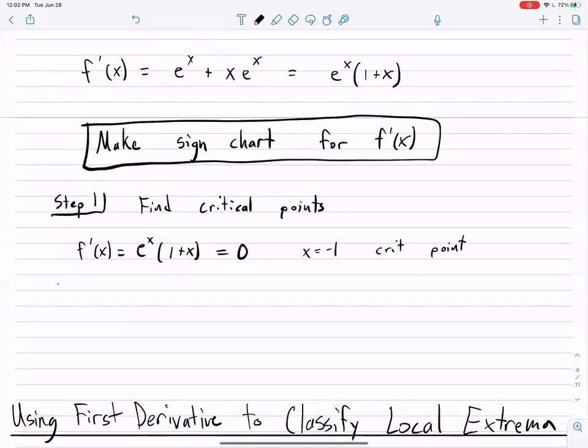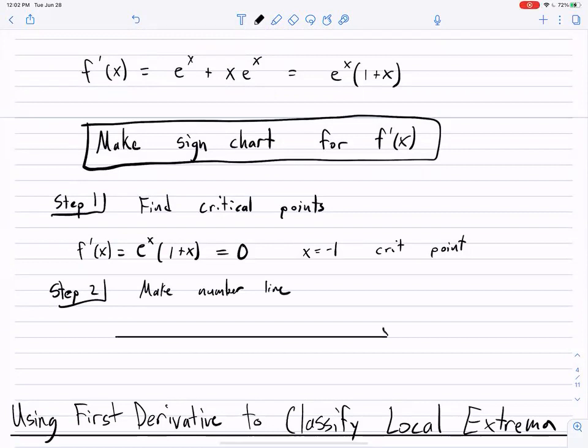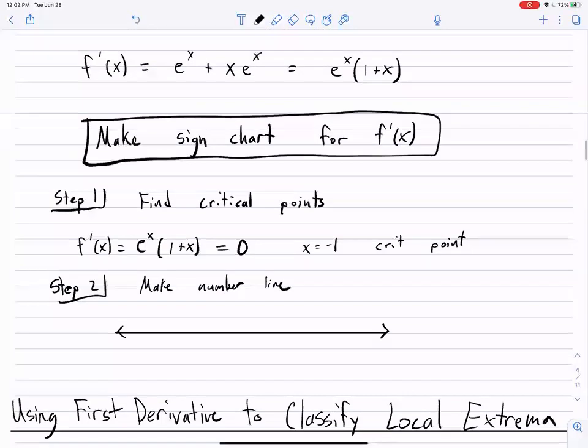And then step two, make number line. So we're going to make a number line, and we're going to put in the critical point. So the critical point is x equals -1.